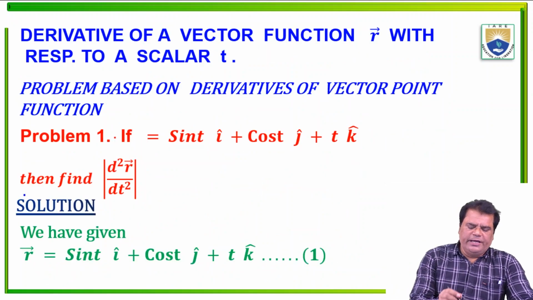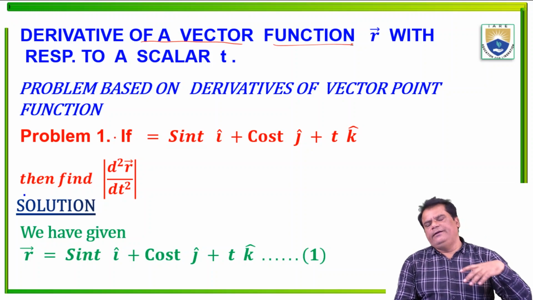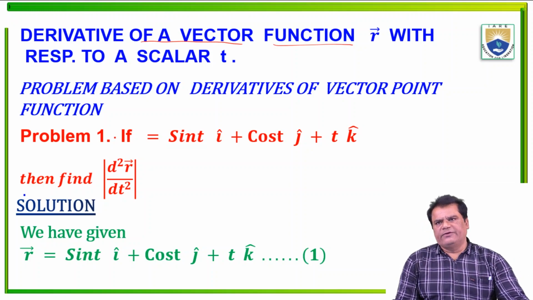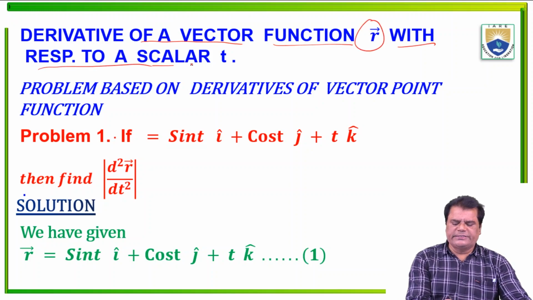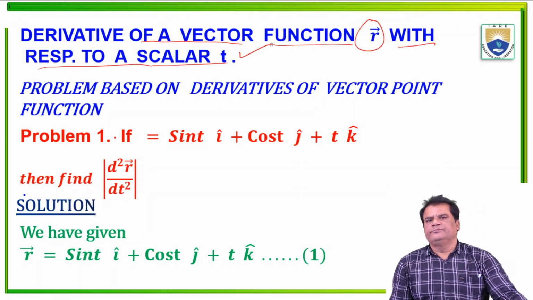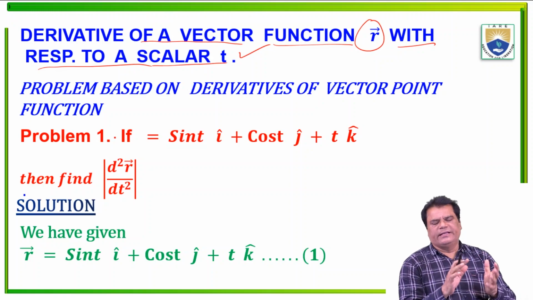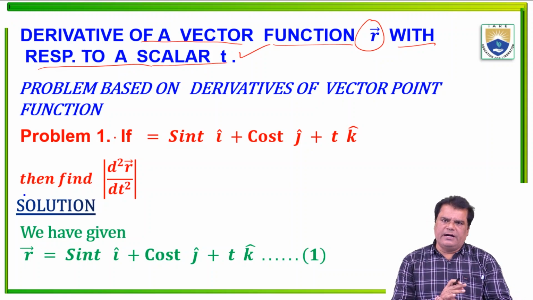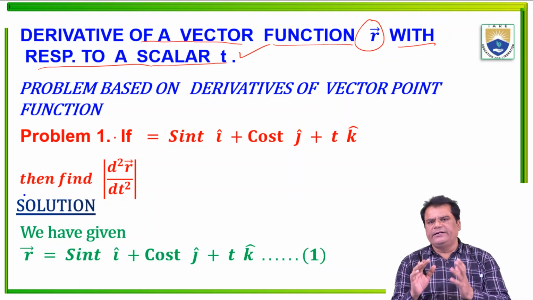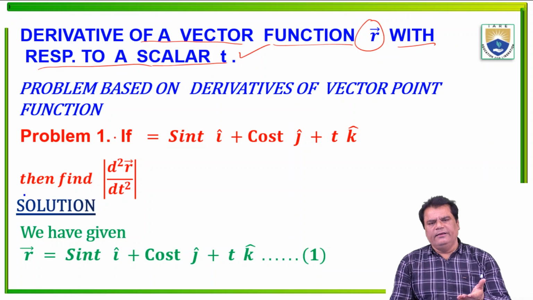Now, the derivative of a vector function. How can we differentiate a vector function R with respect to a scalar t? R is a vector given in the question paper. We can differentiate a vector R one time, and we can differentiate it two times.